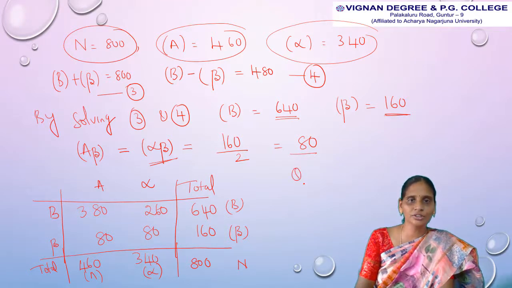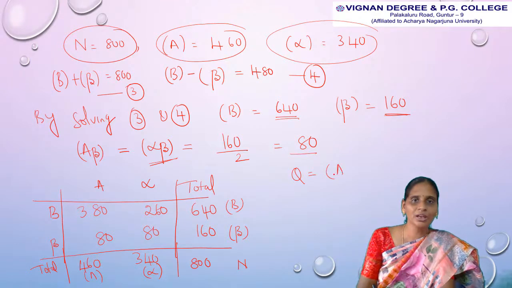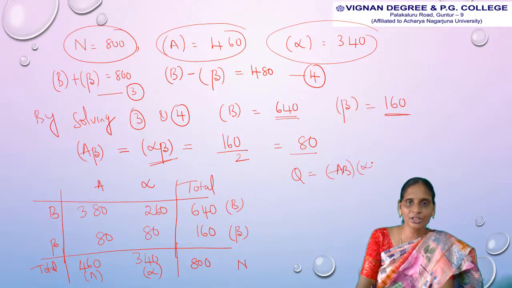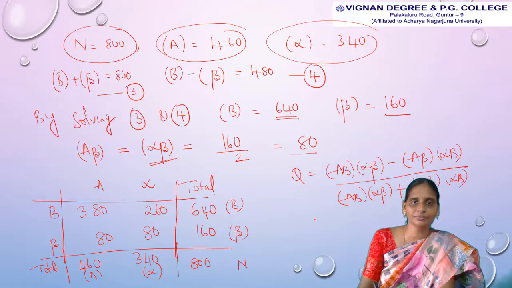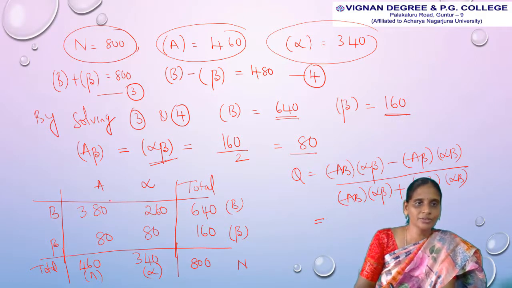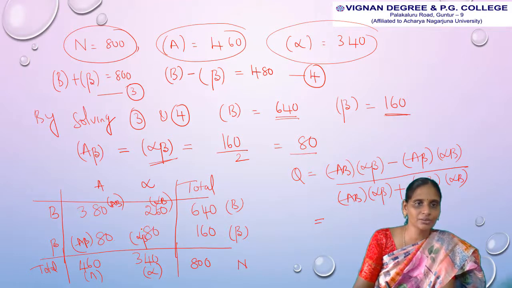Yule's coefficient of association Q is equal to frequency of AB into frequency of alpha beta minus frequency of A beta into frequency of alpha B, divided by frequency of AB into frequency of alpha beta plus frequency of A beta into frequency of alpha B. So this is frequency of AB, this is frequency of alpha B, this is frequency of AB and this is frequency of alpha beta.